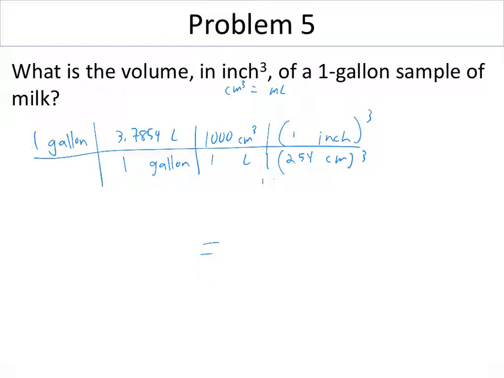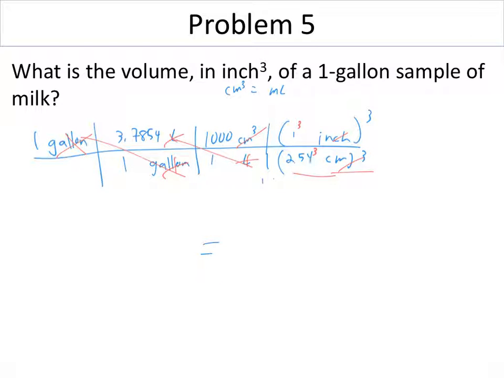So if I think about conversions, gallons cancel, liters cancel. Because I cubed this value, centimeters cubed cancel and inches cubed cancel. But mathematically, I still need to cube the 2.54 and the 1 mathematically in order for the centimeters to be cubed here. So in terms of the math, I'm going to take 1 times 3.7854 for my first conversion, times 1,000 for the second conversion.